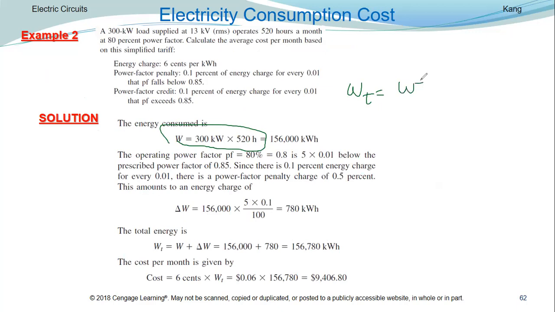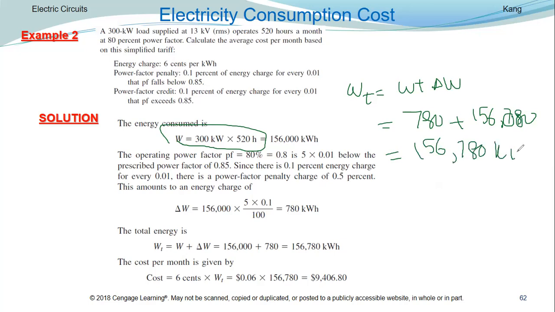So it will be 780 plus 156,000, which is 156,780 kilowatt hours.